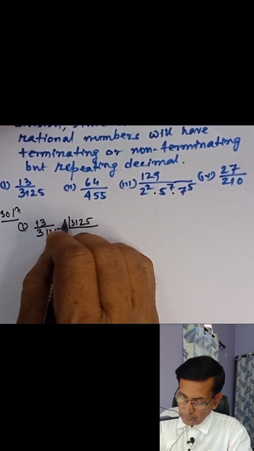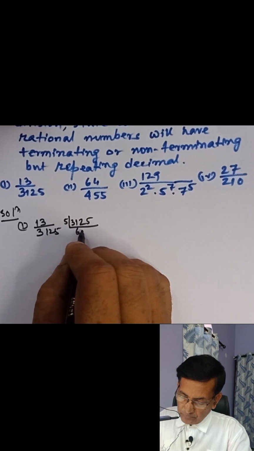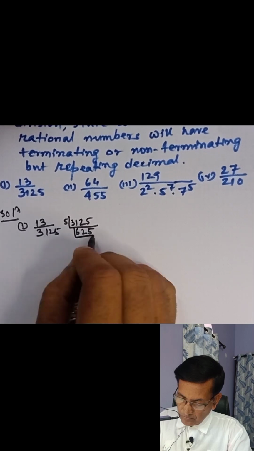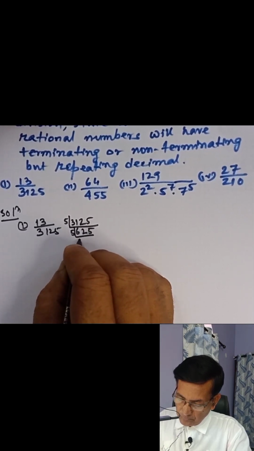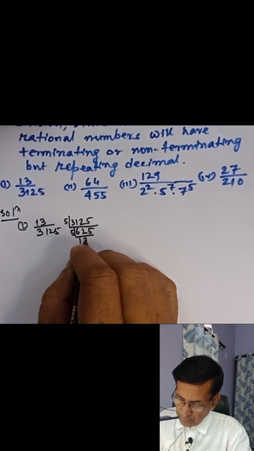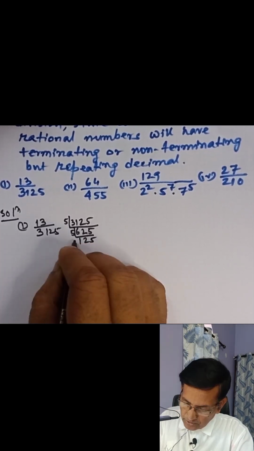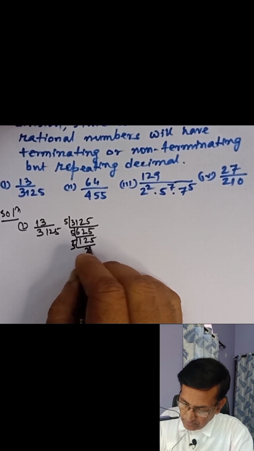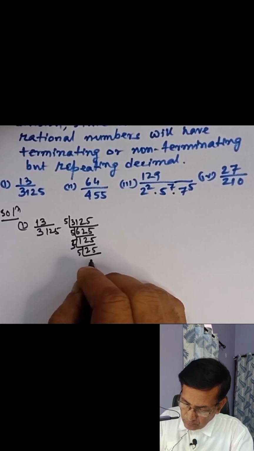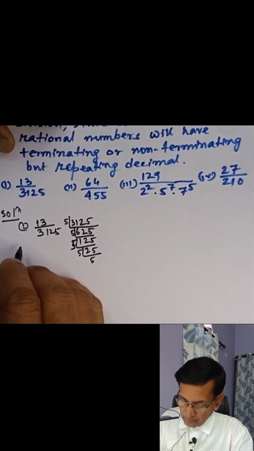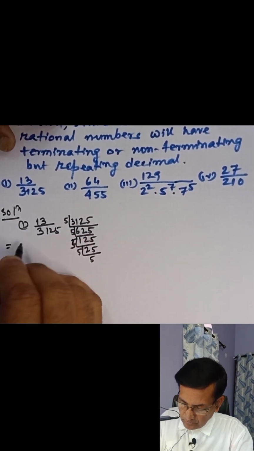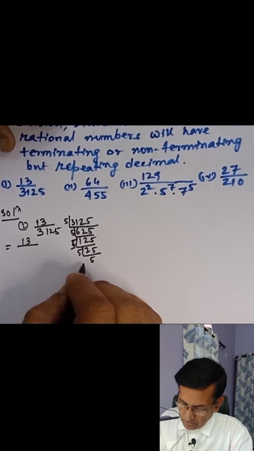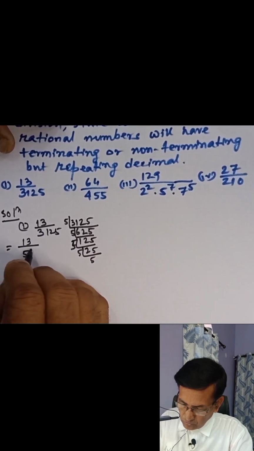We'll factorize it. So we can write 13 by 3125 is equal to 13 divided by 5 to the power 5.